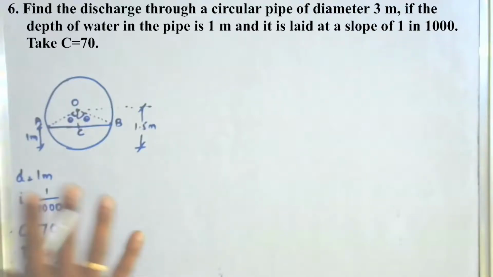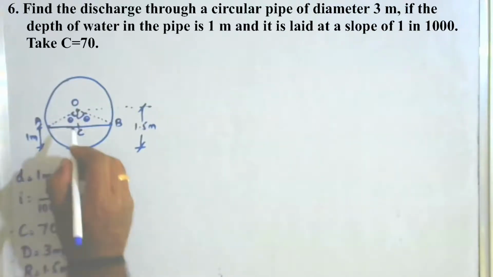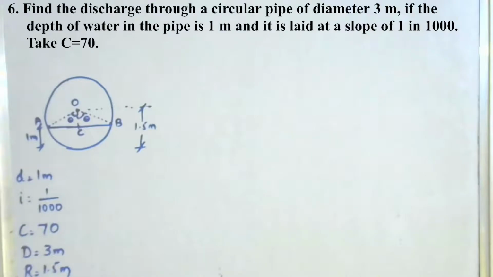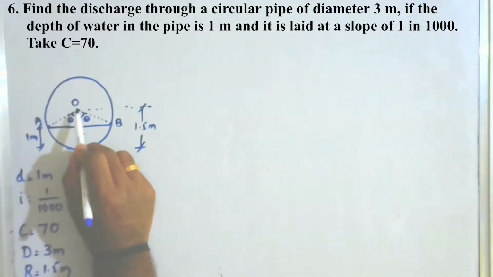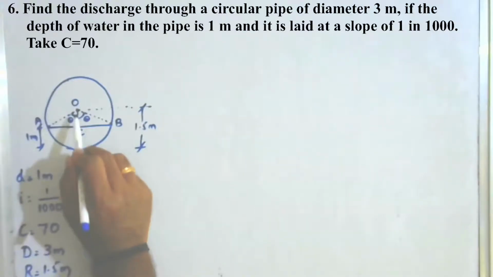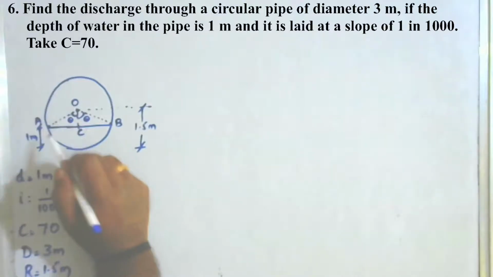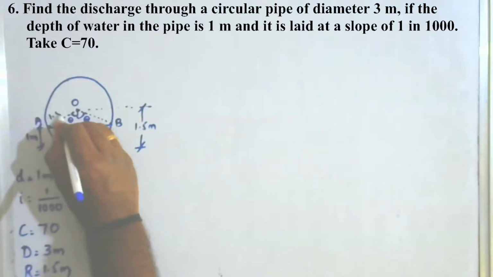So here, in case of circular section, the very first thing you have to do is finding the value of theta. In order to find the theta value, if I take triangle OAC, I know the OC distance. OC is equal to 1.5 minus 1, that is 0.5 meter. Theta is unknown. This OA distance is nothing but the radius, 1.5.